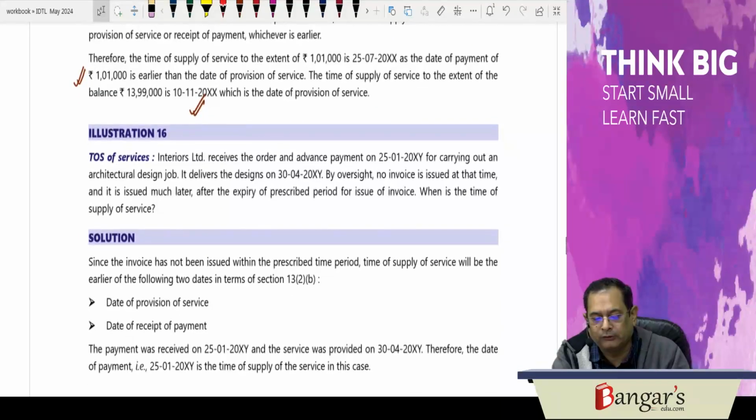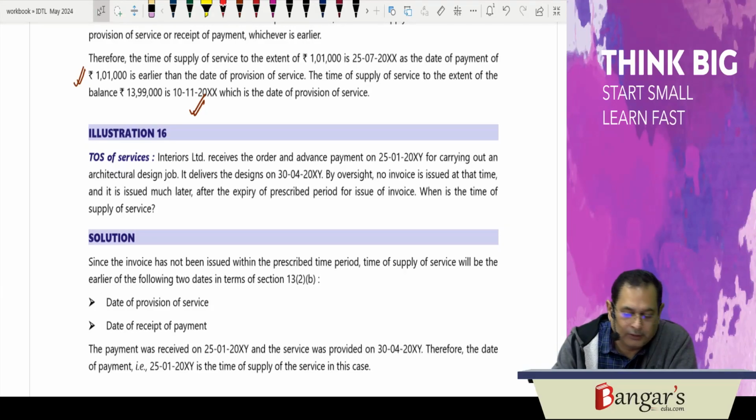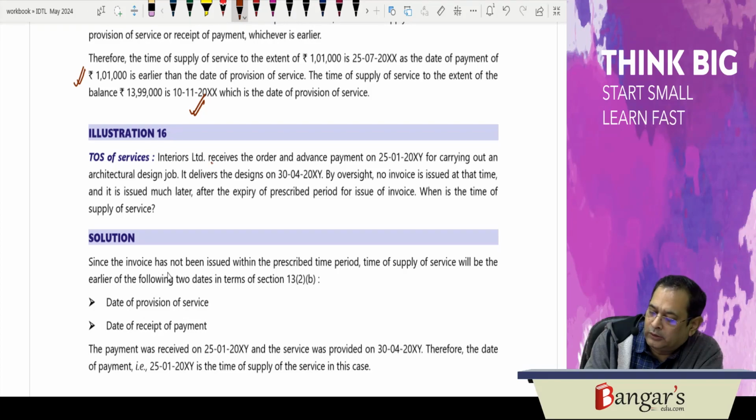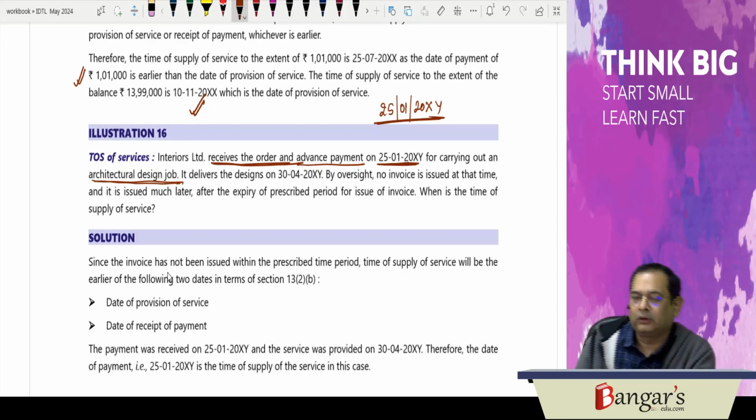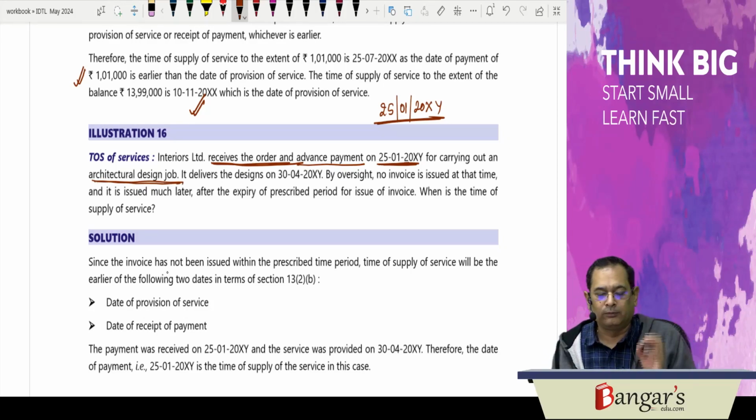Next question is Interiors Limited. Interiors Limited receives the order and advance payment on 25 January for carrying out an architectural design job.